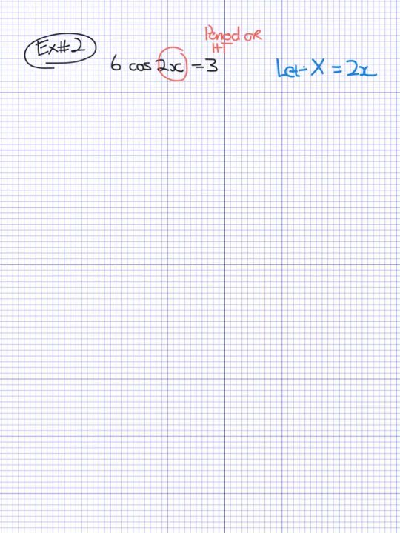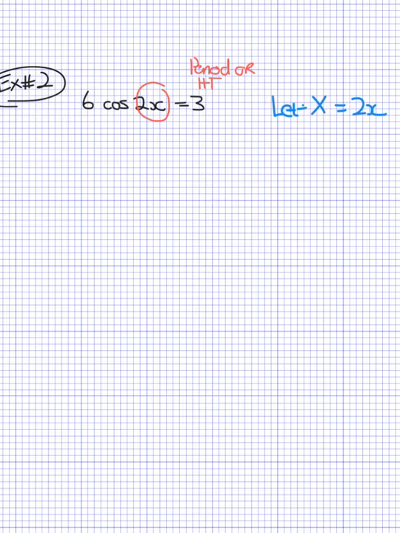That's just going to make it a little bit easier for me to work with later, and I'll go back and put it in later. So I'll get 6 cos of x equals 3. So I'm just going to solve it like before. I'm going to get cos of x equals 3 over 6. So cos of x equals a half.